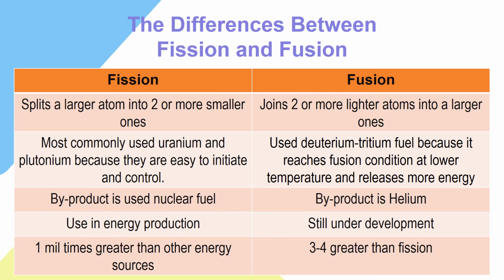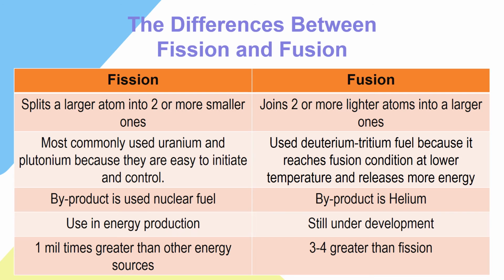Next, we are going to learn about the differences between fission and fusion. Fission splits a larger atom into two or more smaller ones, while fusion joins two or more lighter atoms into a larger one. Fission most commonly uses uranium and plutonium because they are easy to initiate and control, while fusion uses deuterium and tritium fuels because they reach fusion conditions at lower temperature and release more energy.